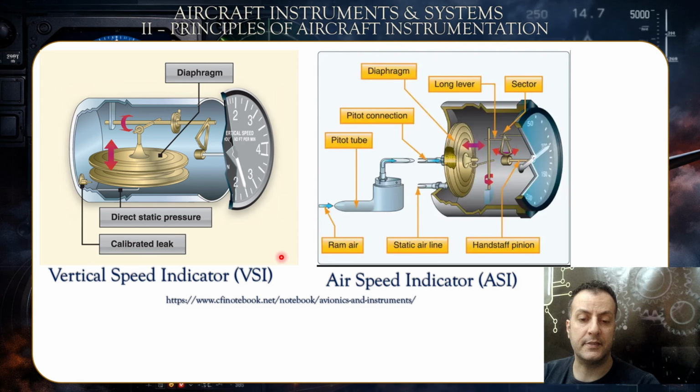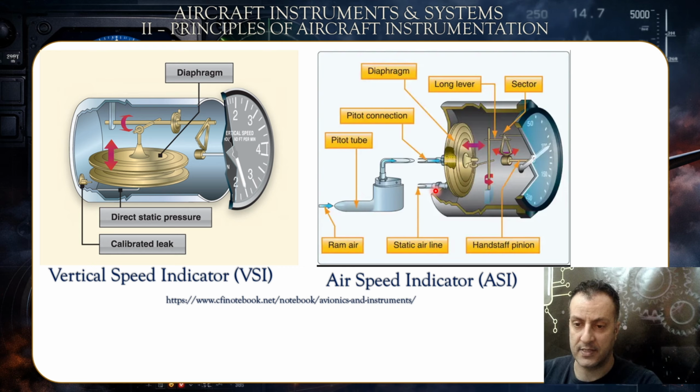Now, to the left, you have the VSI, or vertical speed indicator. To the right, you have the airspeed indicator, ASI. And by the way, the three of these instruments, whether the VSI, the ASI or the altimeter, depend on the pressure measurements in order to give us the different values of the parameters that we are after, whether the airspeed, or the VSI, the climb rate.